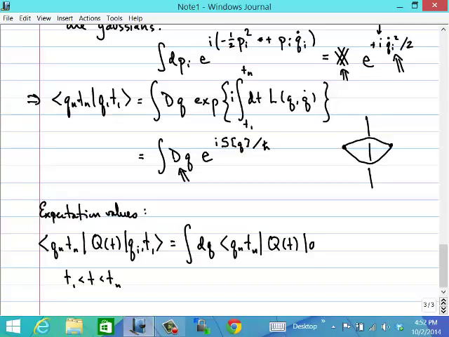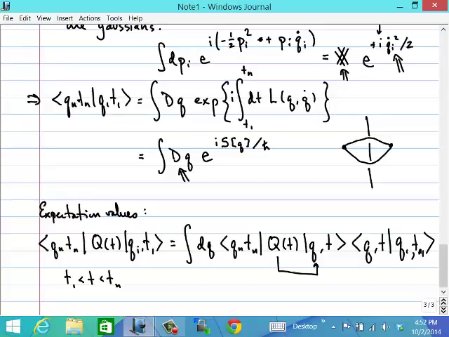to go from q at time t to qn at time tn, along with the amplitude to go from our initial time to this intermediate time t. So t1, q1, and t. Okay, and now, of course, Q acting on the state q just gives you q.